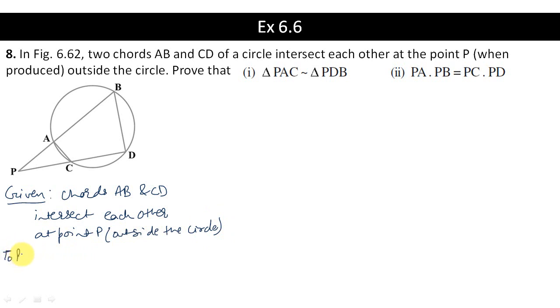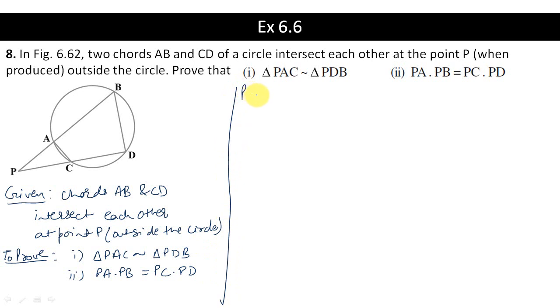And we need to prove, first part, triangle PAC is similar to triangle PDB, and second part, PA multiplied by PB is equal to PC multiplied by PD. So first of all, we'll prove that these two triangles are similar, and this expression we will get by CPST. When we multiply the proportional sides, we'll get this: PA multiplied by PB will be PC times PD.